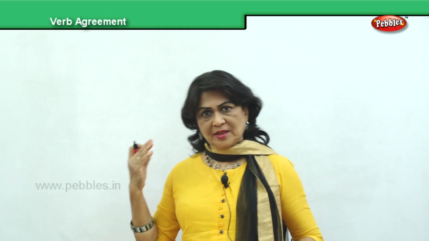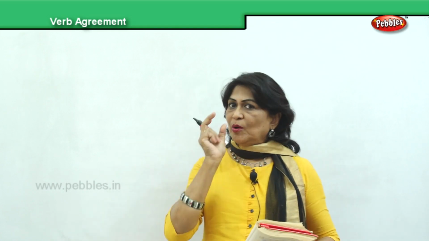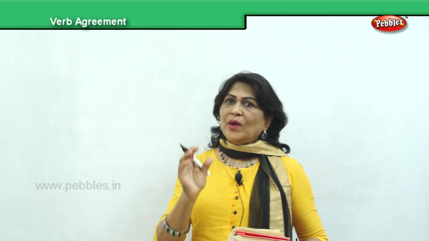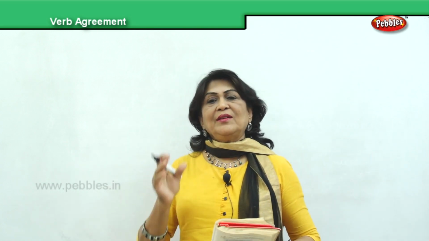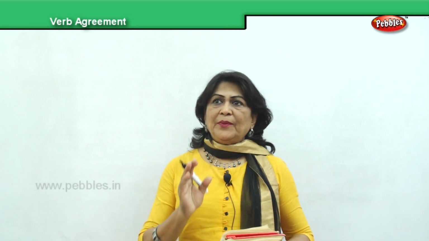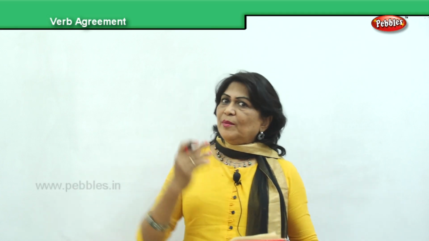Okay, we saw two rules now. We'll go on to the third rule. Here, when we talk about two different things or two different persons, but they talk about one entity or one whole subject, then we use the singular verb. Let's say, for example, bread and butter is for my breakfast. Now, bread is a different entity, butter is a different entity. But can you have bread alone and butter alone separately?